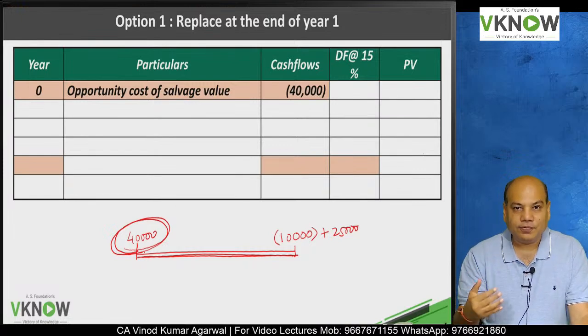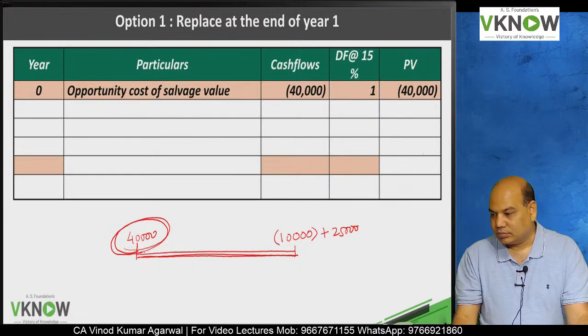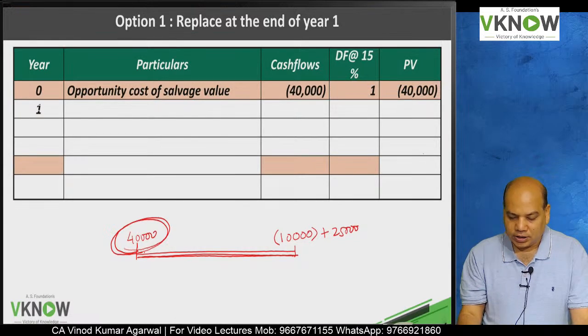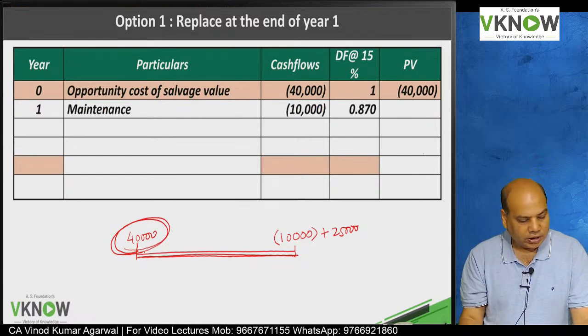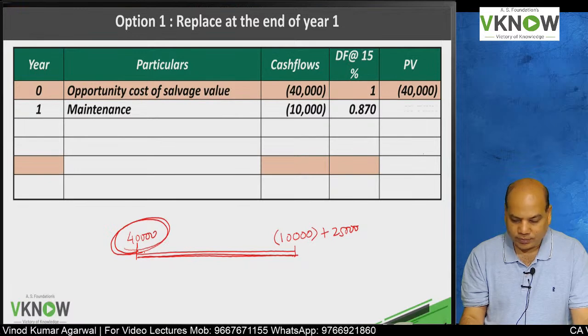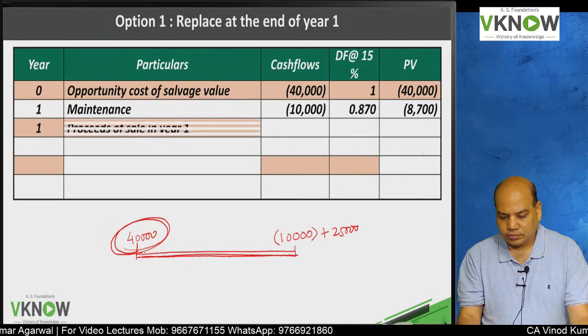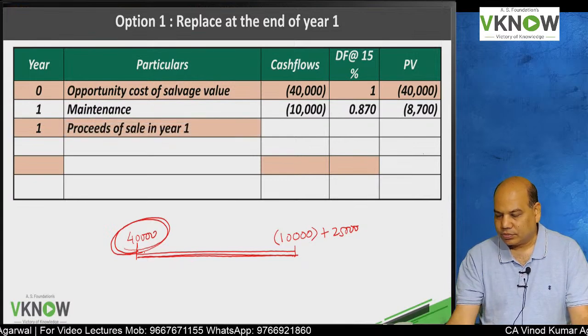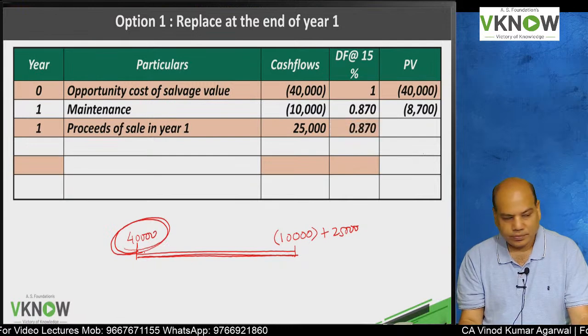Treat it as if 40,000 is the cost of the old machine and you can use it for 1 year and then scrap. So if you use it for 1 year, maintenance will be incurred 10,000, present value 8,700, and you are going to sell it after year 1 for 25,000.